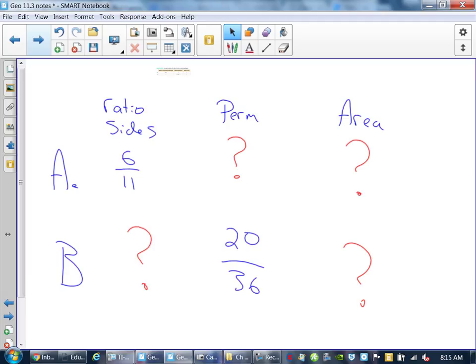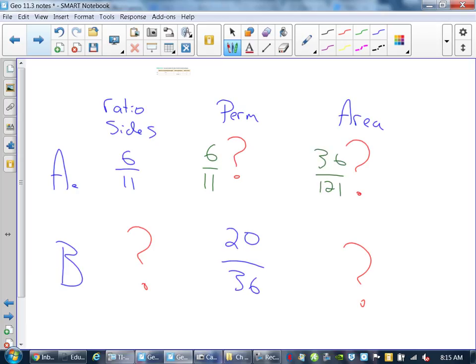When you put through 6 to 11, if that's your sides, what's your perimeters? 6 to 11. Areas, we just said. And I don't believe that would simplify for you, correct? Right. Because if it would, if you put it in the calculator, it would do it for you.